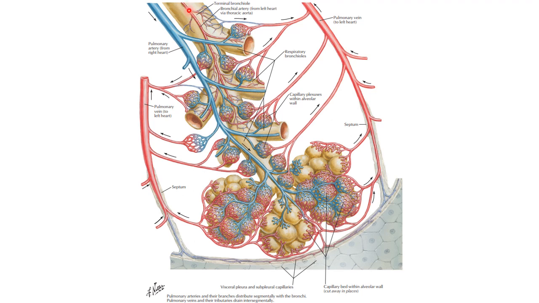And this bronchial artery, the blood inside comes from the left side of the heart, meaning inside this one is oxygenated blood. And as you will notice, as it goes together with the bronchial tree, supplying oxygen and blood to the bronchial tree, the venous drainage will be through the pulmonary vein.